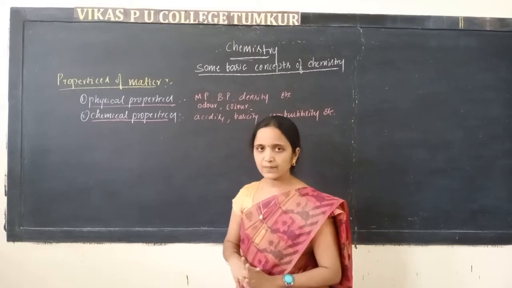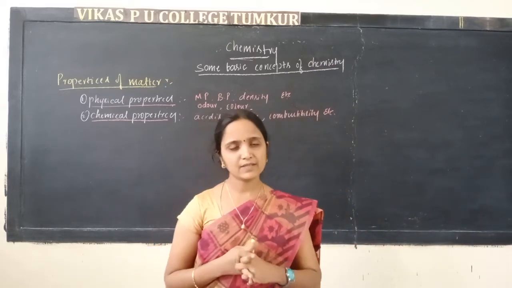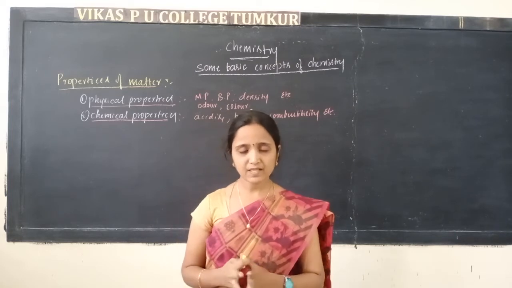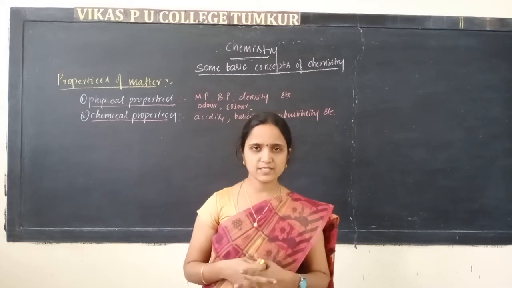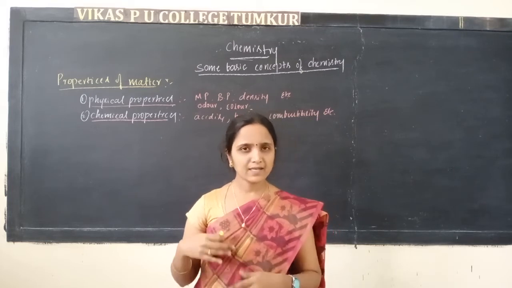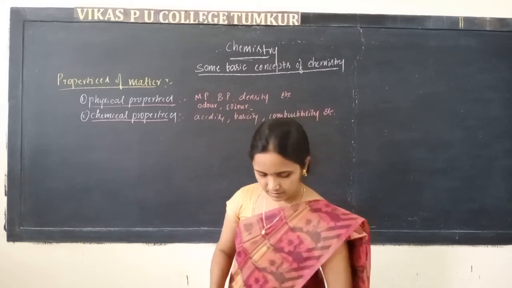Now we are going to measure these properties of matter. Measurement of matter is done in two systems: one is the English system, and the other is the metric system.